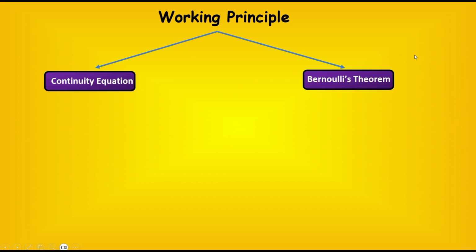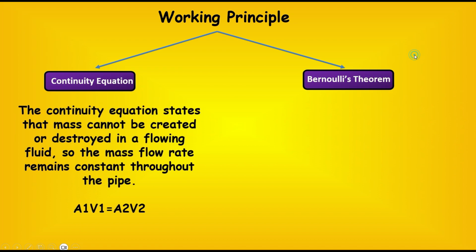Now it works on basic principles. It basically works on two concepts. One is the continuity equation and the other is Bernoulli's theorem. So the Venturimeter actually follows both the theorems. First we will talk about Bernoulli's theorem.